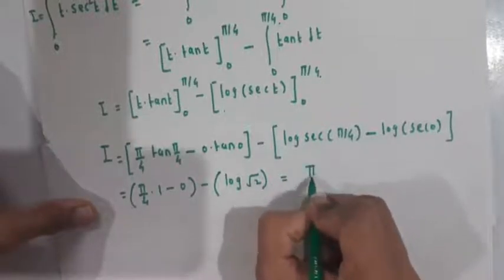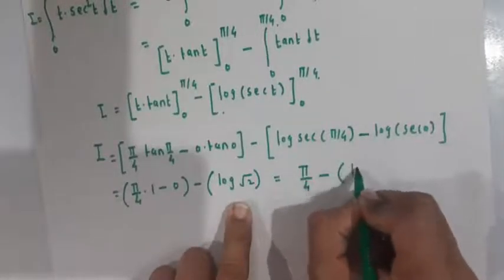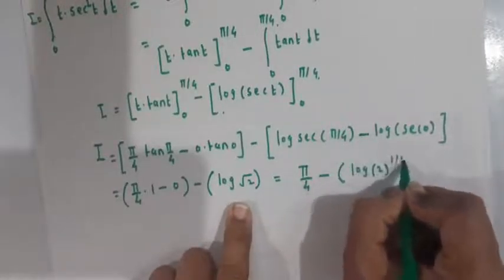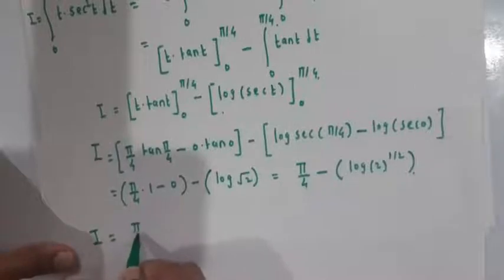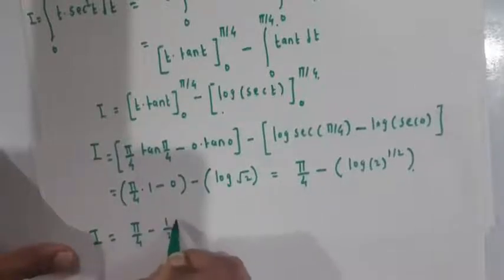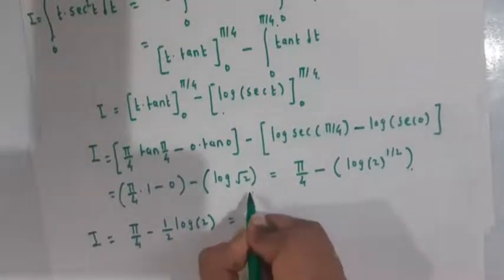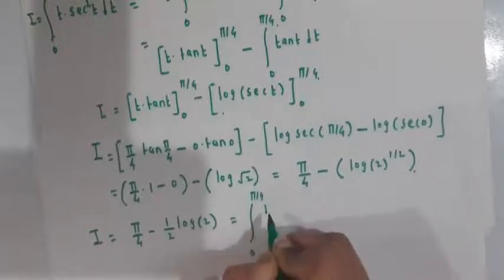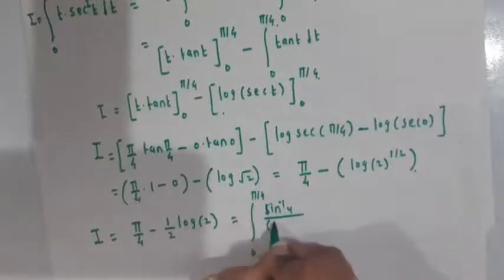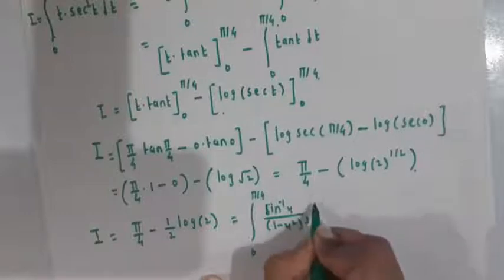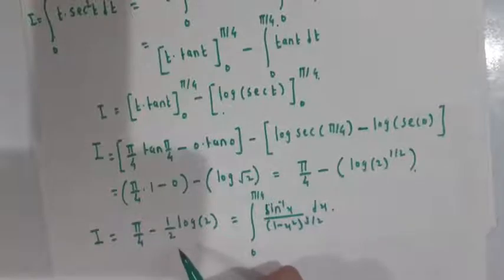Root 2 you can write as 2 raised to 1 by 2, and therefore integration I equals pi by 4 minus 1 by 2 log of 2. This is the integration from 0 to pi by 4 of sine inverse of x into 1 minus x square raised to 3 by 2 with respect to x. This was your first problem, and in this way the solution is there.